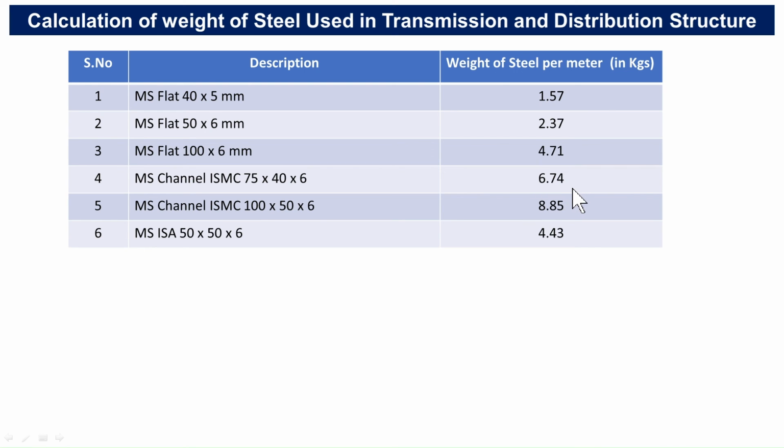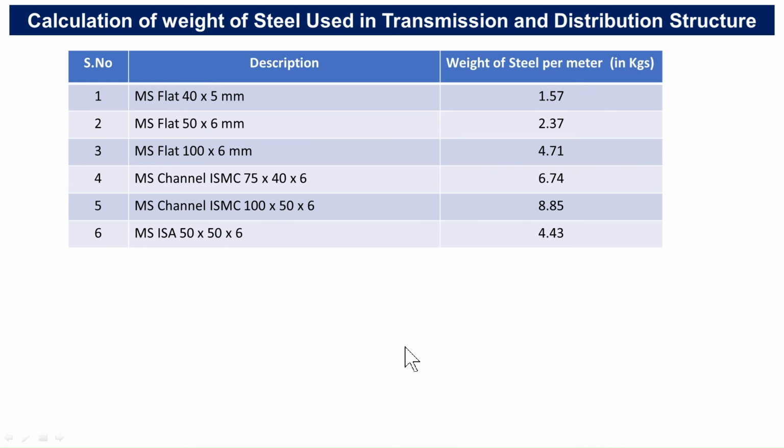For MS channel ISMC 100 into 50 into 6, the weight of the steel per meter is 8.85 kgs. For an angle ISA 50 into 50 into 6 it is 4.43.